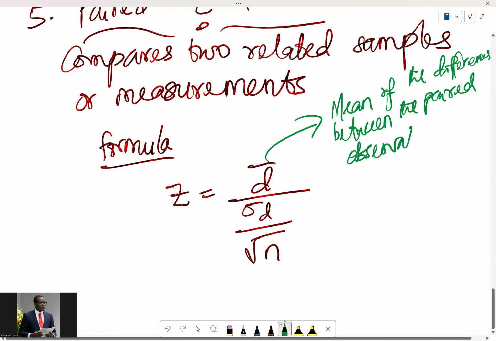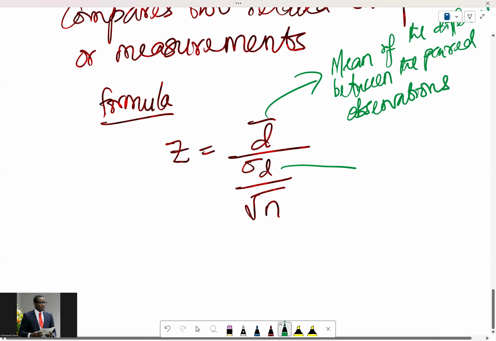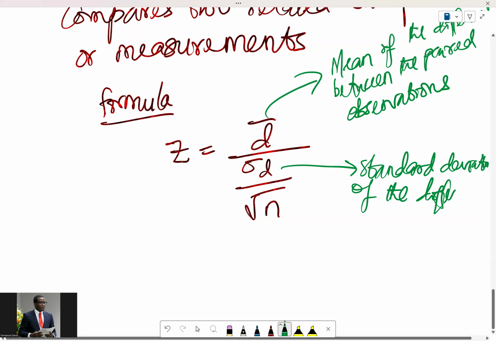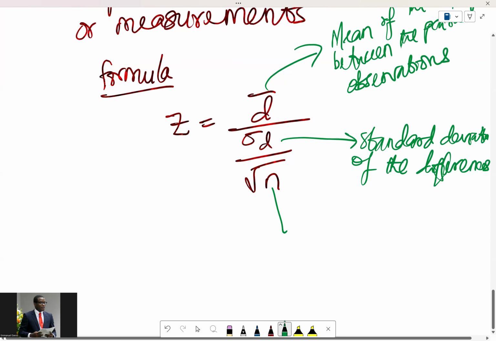Then sigma D is the standard deviation of the differences. Finally, n is the number of paired observations.